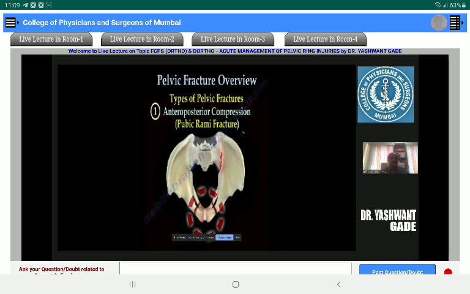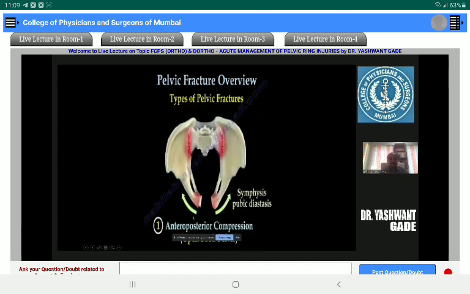Now, type 1 is anteroposterior compression. As the name implies, anteroposterior means from the anterior side to the posterior side, and there is a compression. So the force is a compressive force, which leads to fracture of the pubic rami. Also, there can be separation of the symphysis pubis, which is also called symphysis pubic diastasis.